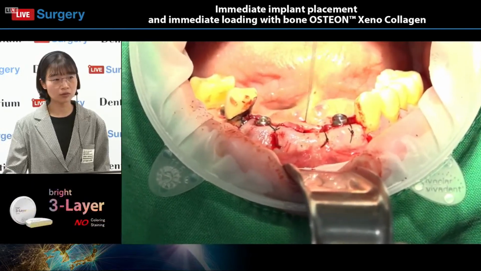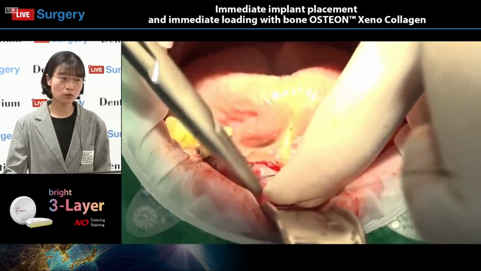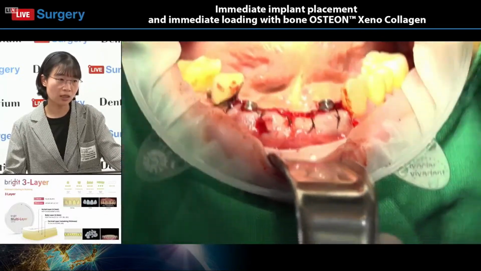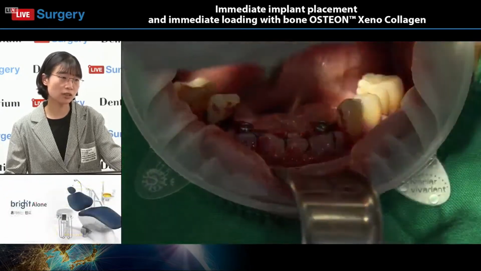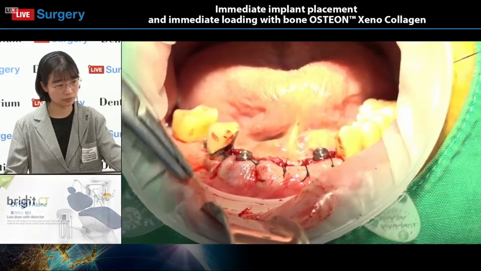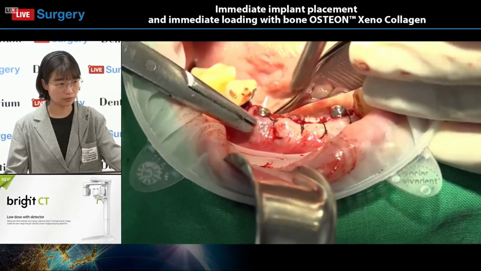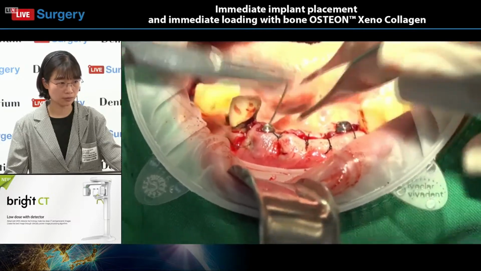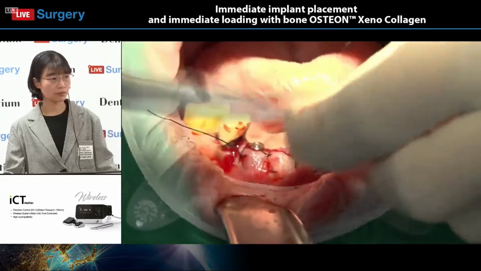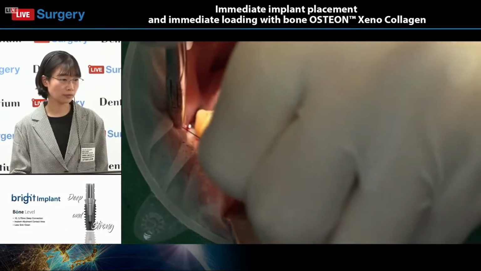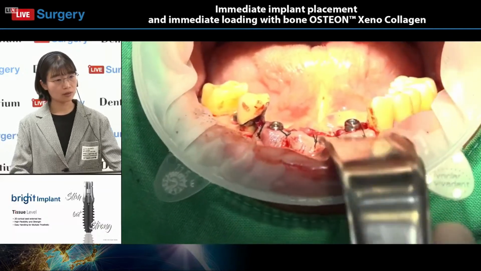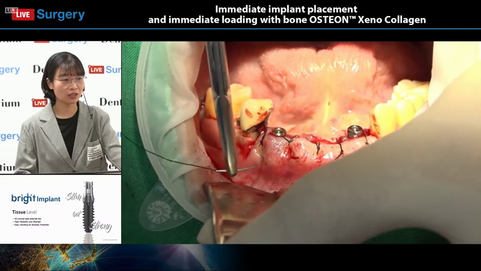Because he made the flexible gingival flap after the granulation tissue removal, and also released the gingival flap, we can see now he can get the primary closure after the immediate implant placement. So I think he will do more suturing in the vertical side.